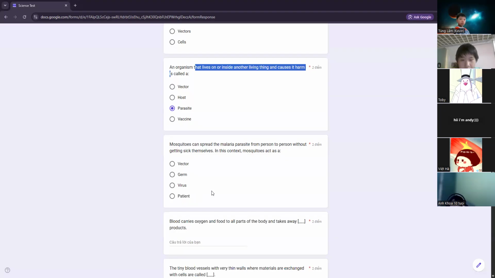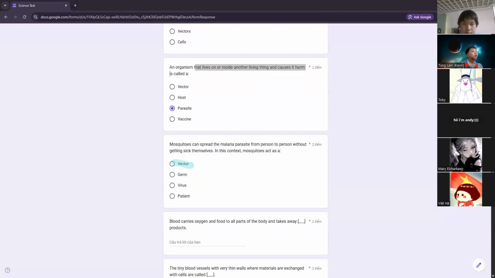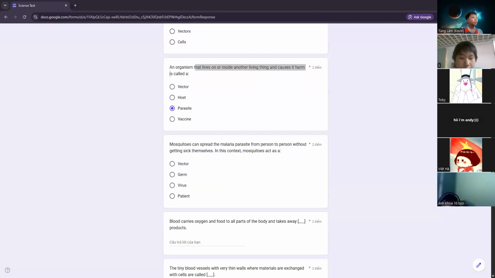So yeah. Now, mosquitoes can spread the malaria parasite from person to person without getting sick themselves. So, can anybody tell me what a mosquito acts as in this case? What does a mosquito do in this case? Vector. All right.